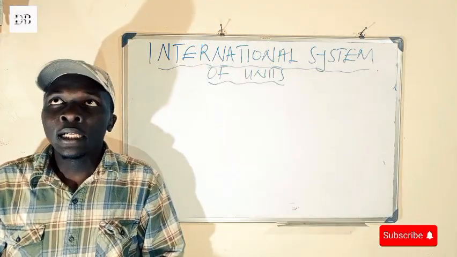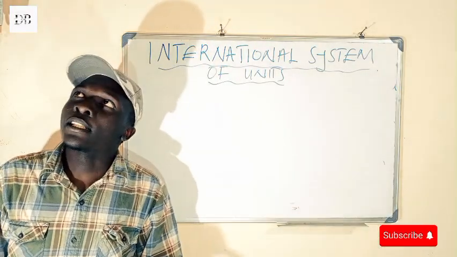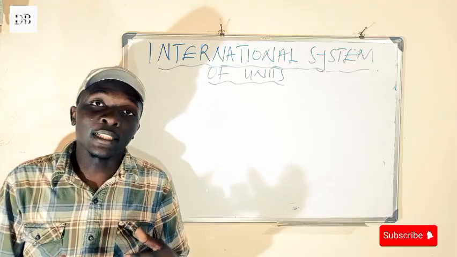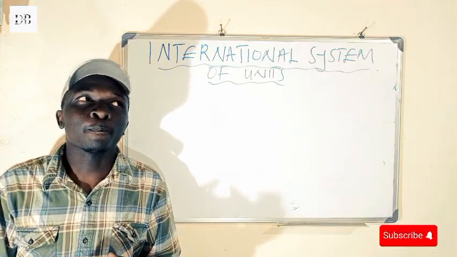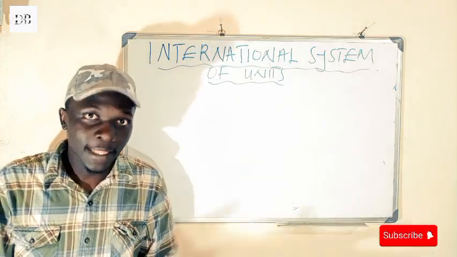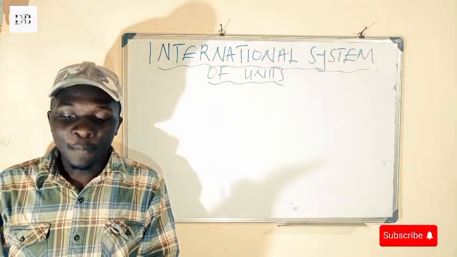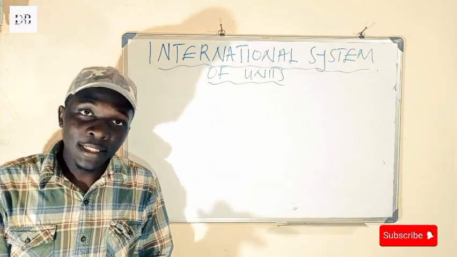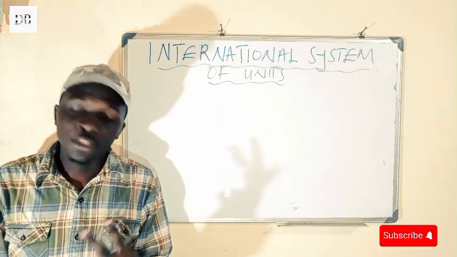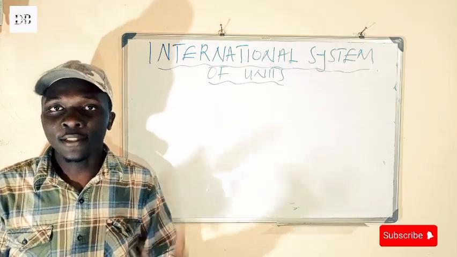For example, let's look at the measurement of length. Other people would use feet, other people would use centimeters. In other countries, they would use inches, and so on and so forth.